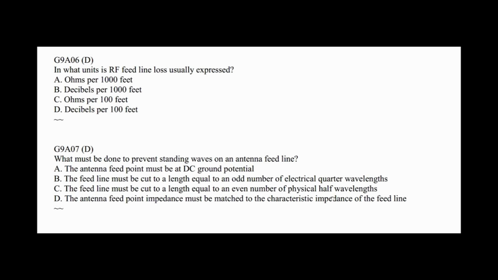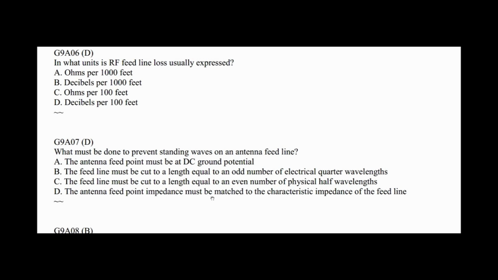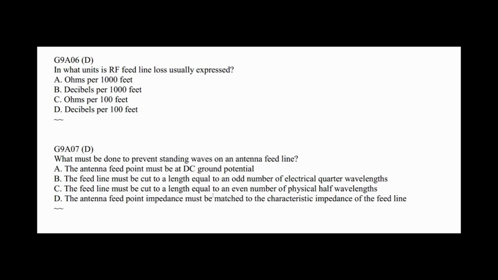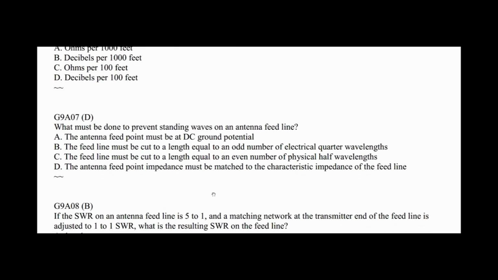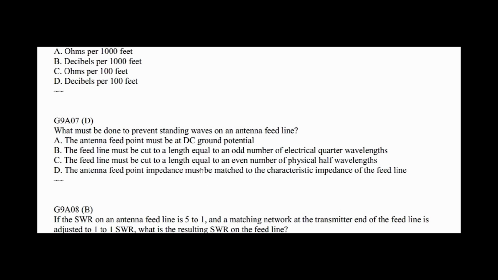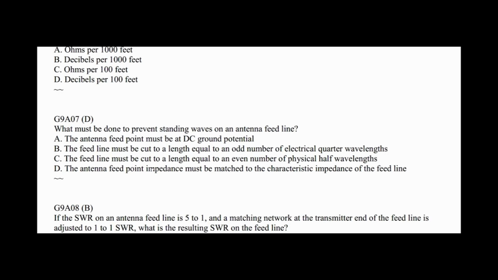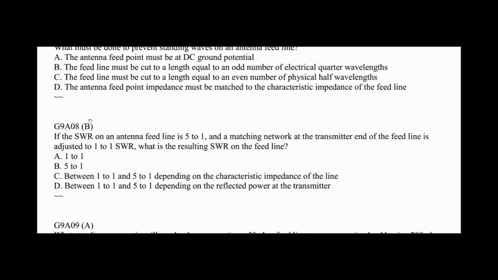So characteristic impedance is just another way of saying the impedance of the feed line. So the feed line is 50 ohms. It's best if the antenna has a 50 ohm impedance. If the coax is 75 ohms, the antenna is best if it has a 75 ohm impedance. And there are ways to get there. So the answer is D.